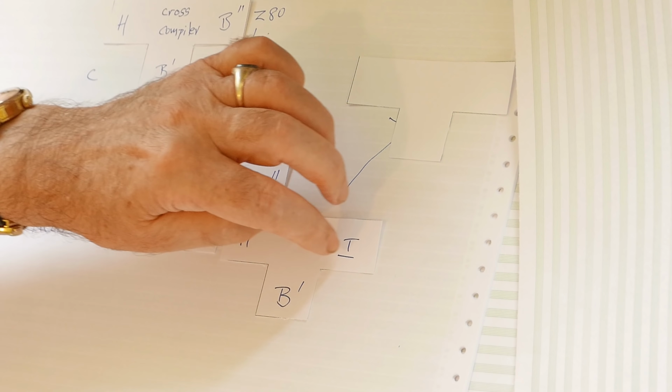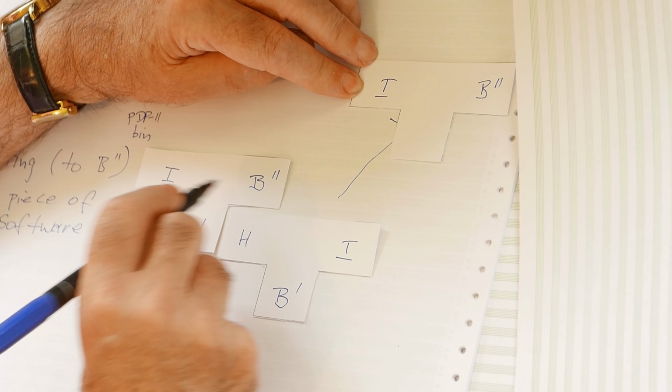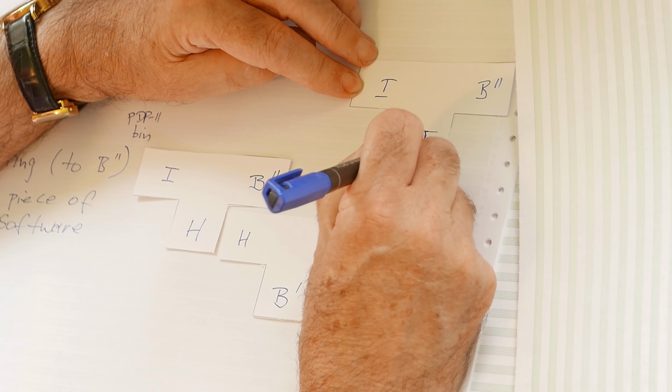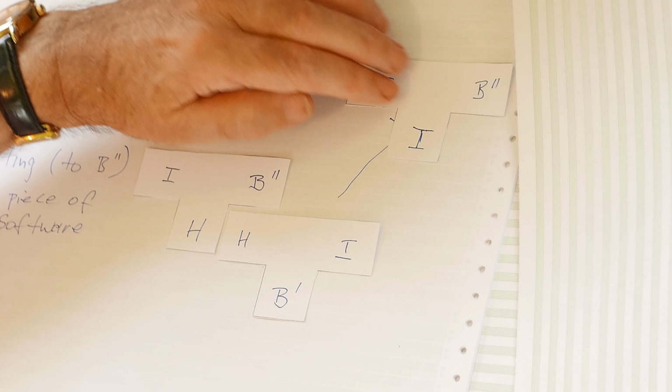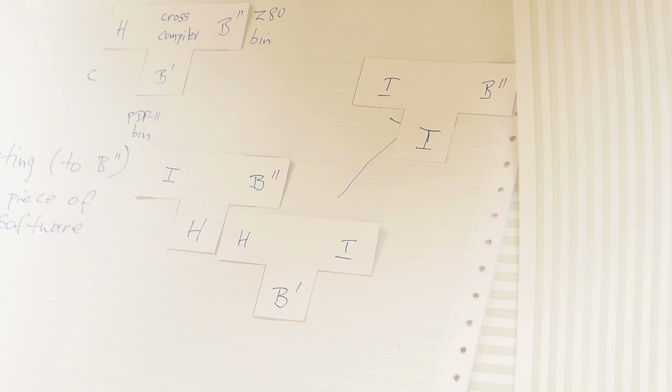H gets translated into I via this, so we are going to end up with I, B double dash, but the H has gone through to I. So we've now got a piece of software that takes in I, is running on I, but produces B double dash. Don't forget that there is, as the fourth component in our chain, always available to us, an intermediate code compiler that takes it down to binary.